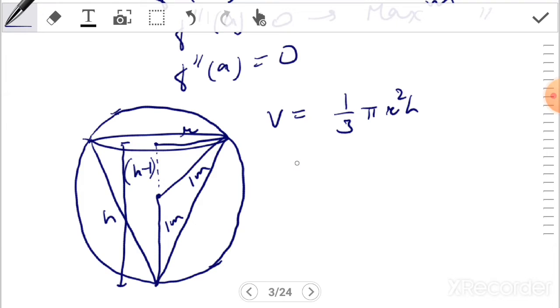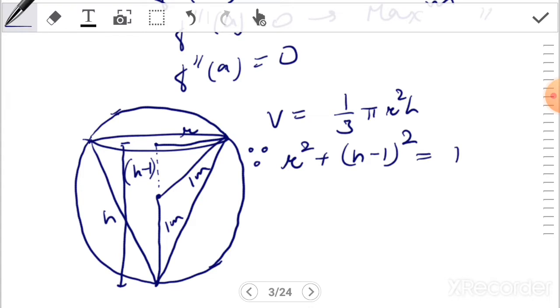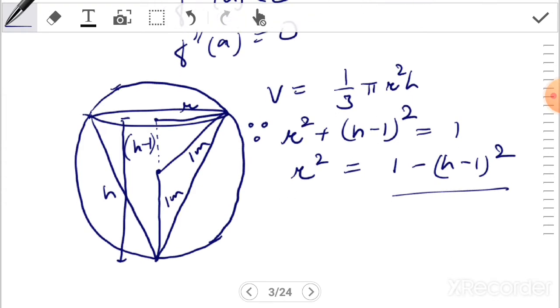So r squared plus (h minus 1) squared is equal to 1 squared, so r squared is equal to 1 minus (h minus 1) whole squared. Now we can replace this value of r squared here.